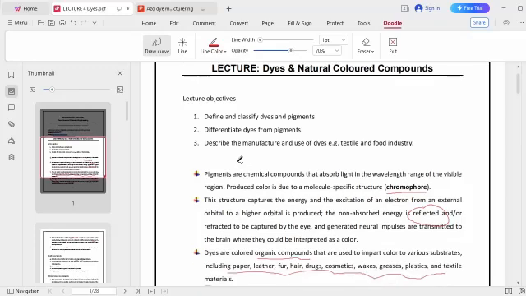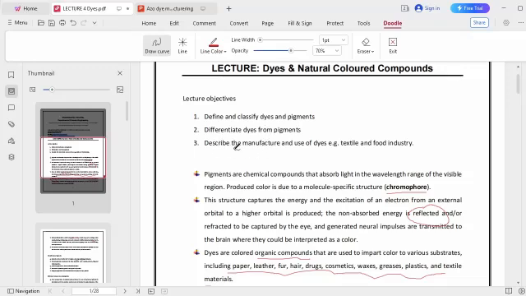We also learned about color formation, where dyes get their color from, or where color originates from, where we talked about the conjugated electron system, the chromophores, auxochromes, and also chromogen.